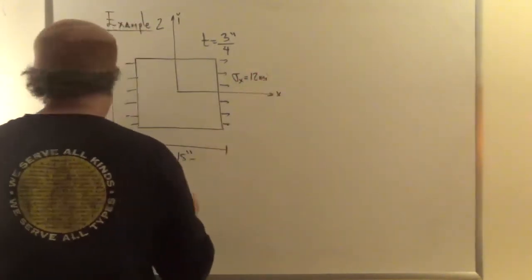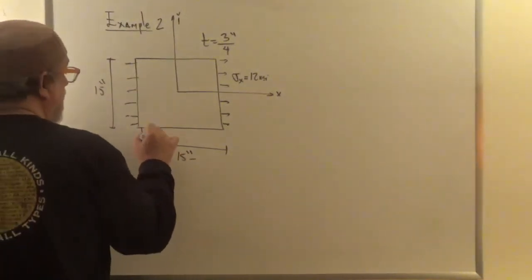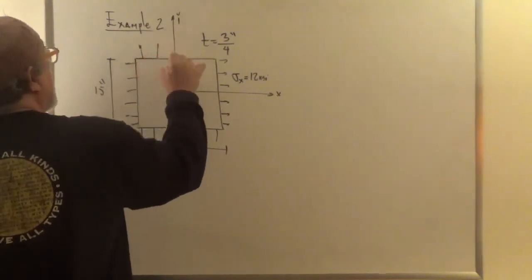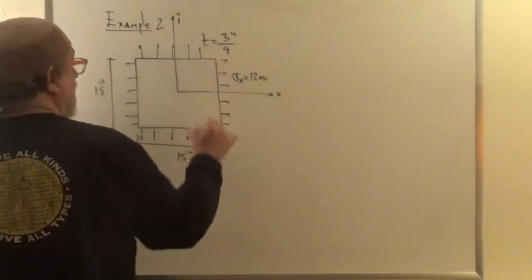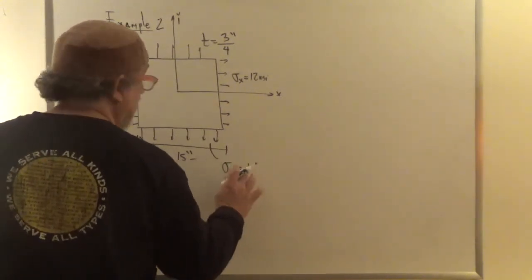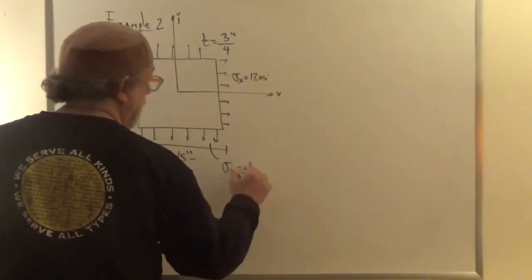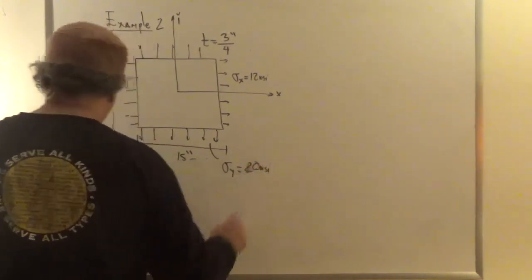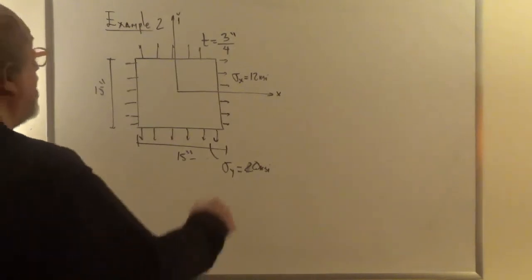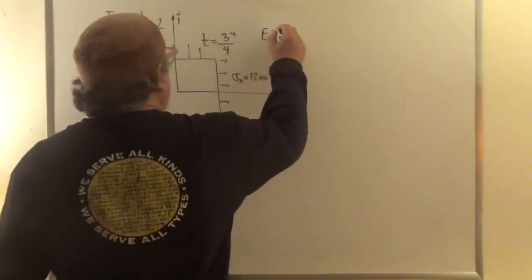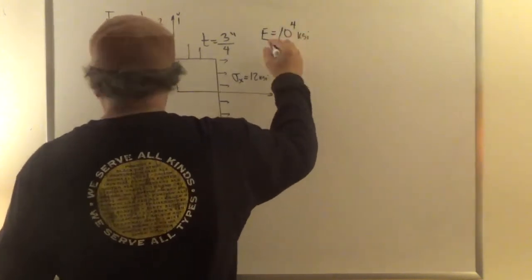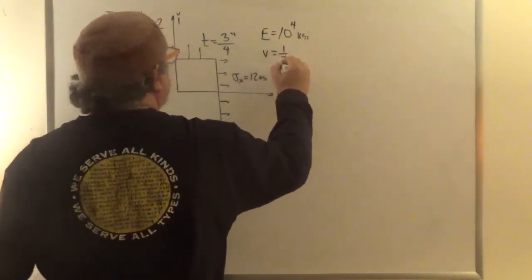tension. And in the y direction there is a stress applied of 20 ksi. Then the material of this plate is aluminum, which is 10 to the 4 ksi, with a Poisson ratio of 1/3.